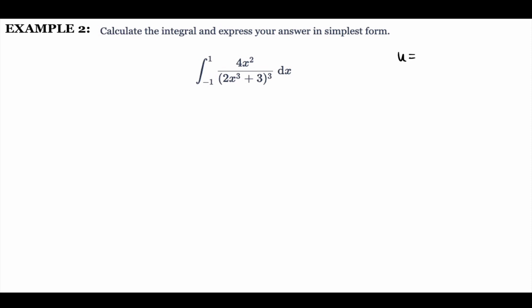Yep, that's what I would pick. So let's use 2x cubed plus 3 as our u. Okay, go from there. So du would be 6x squared dx. And then we're going to divide by 6x squared.